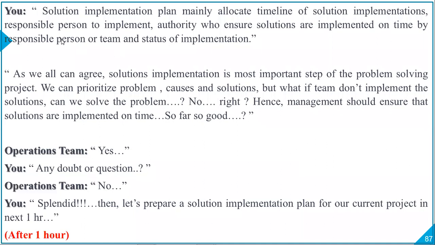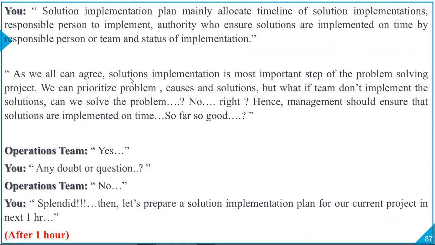We continue. The solution implementation plan mainly allocates the timeline of solution implementation, the responsible person to implement it, the authority who ensures solutions are implemented on time by the responsible person or team, and finally the status of implementation with proof.